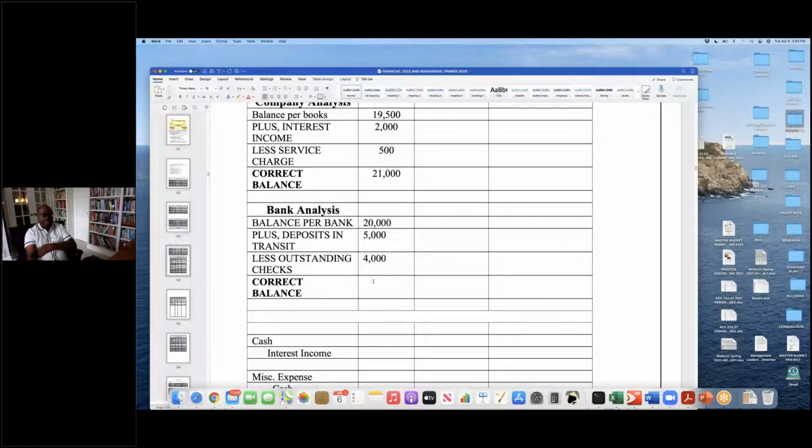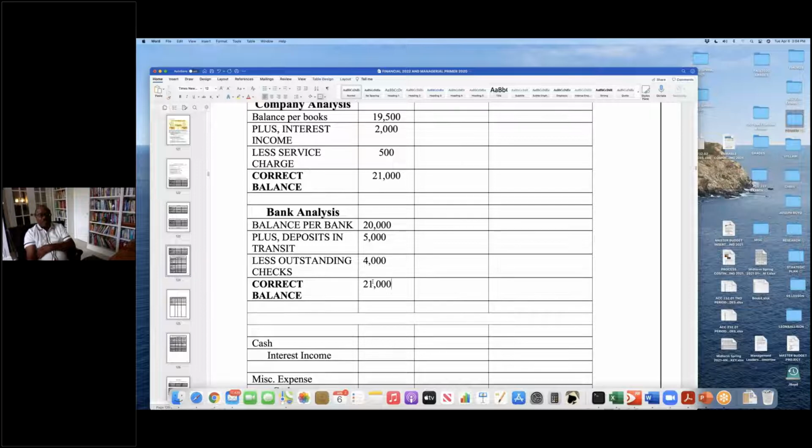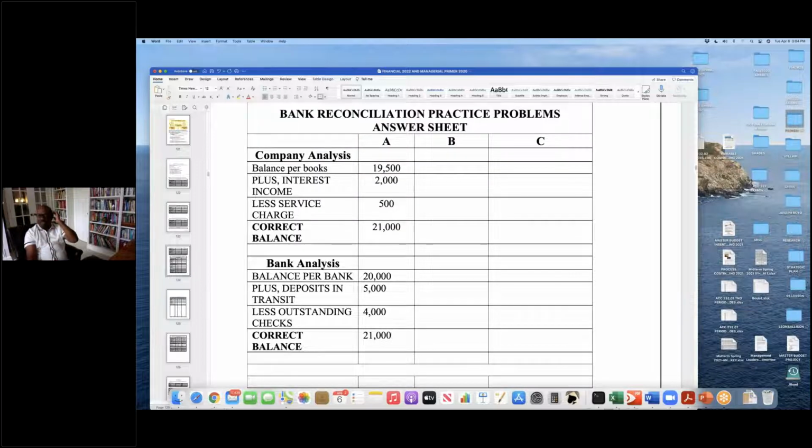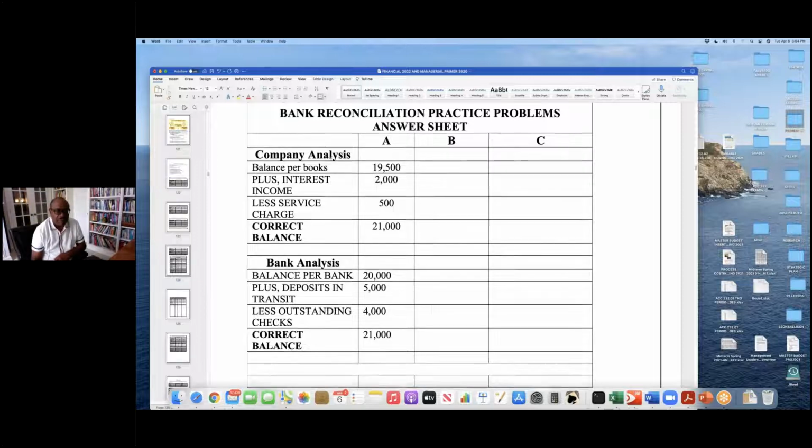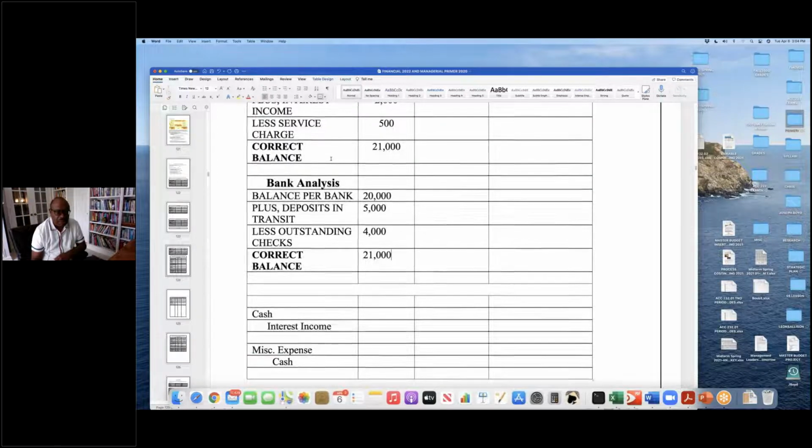And so once again, we get 21,000. Any questions? Nope. Okay, so you all can work on B and C at your leisure, but you should be able to do that.